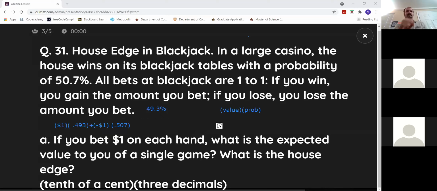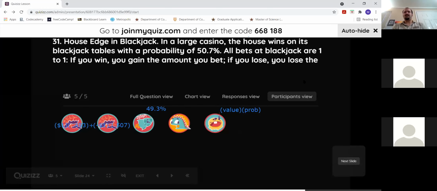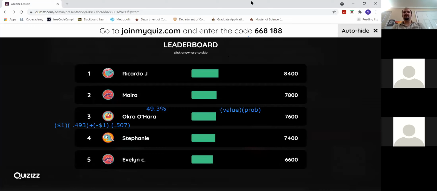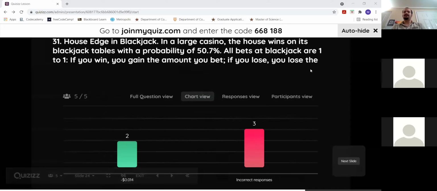So I believe that's the setup. Wait, what decimal place does it go to? 3 decimal places, okay, thank you. And I think that gives you 0.014, and so we should be losing that.